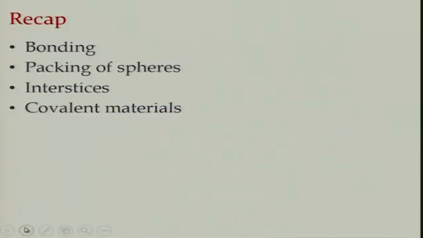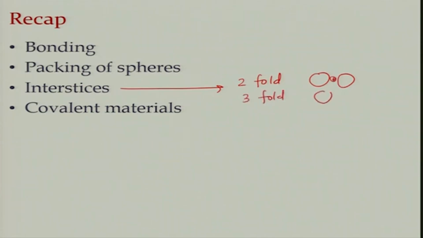So we looked at two major kind of interstices such as tetrahedral and octahedral, but there could be other interstices as well depending upon the coordination. So theoretically speaking, you can have interstices with two-fold coordination. So you can have something like this. So this is an impurity atom. You can have three-fold coordination, which is a triangular kind of lattice. So you may have something sitting here. Four-fold we saw tetrahedral, six-fold we saw octahedral.